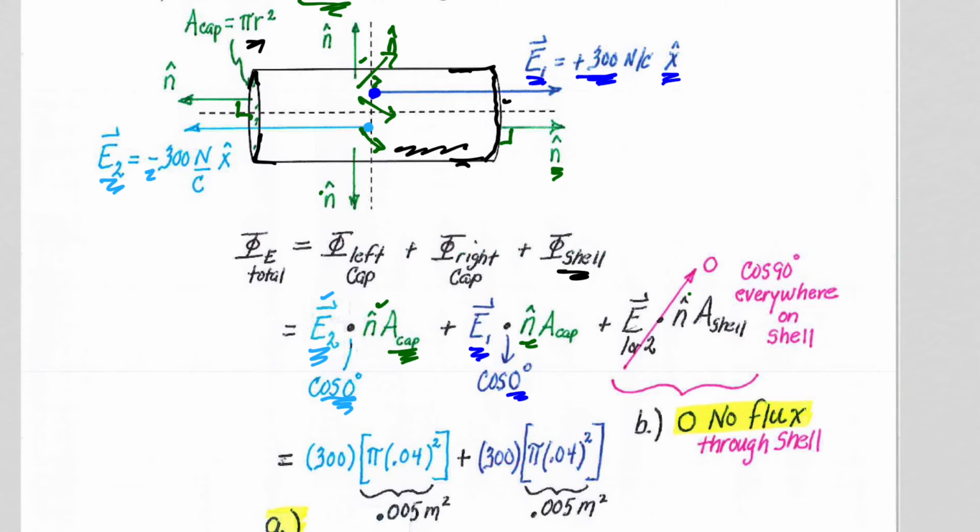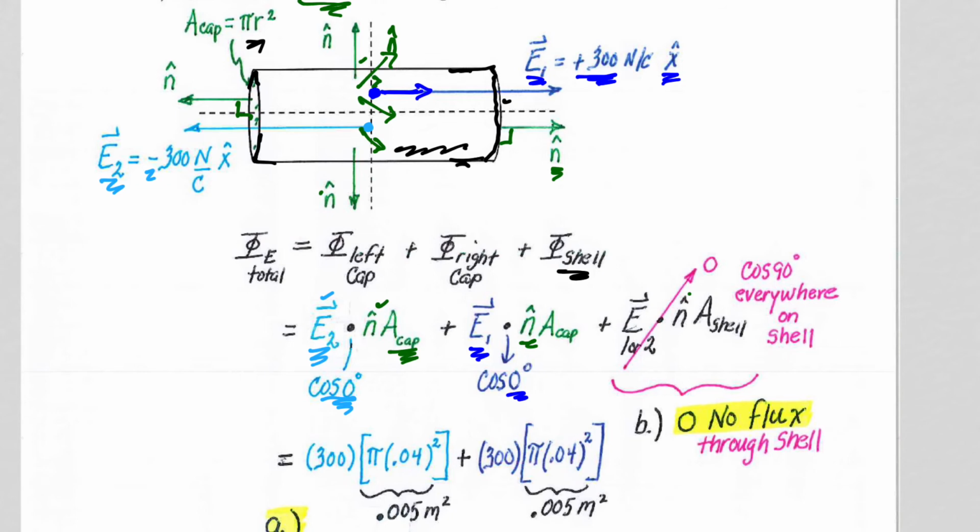Notice the shell will not contribute to our total flux calculation because the electric field itself, both the light blue and the dark blue, and I'll just address the dark blue one here, rides along the shell. No portion of E1 is going to go in the direction of n-hat or against the direction of n-hat.